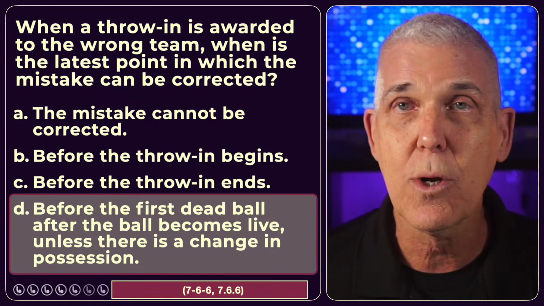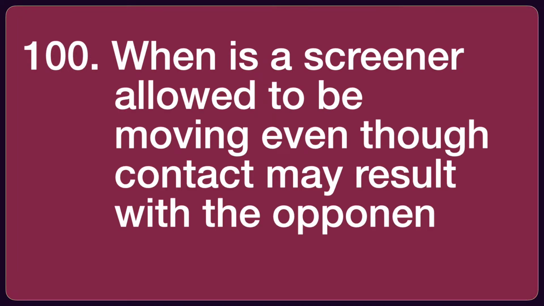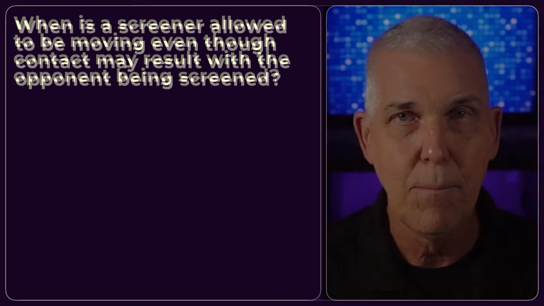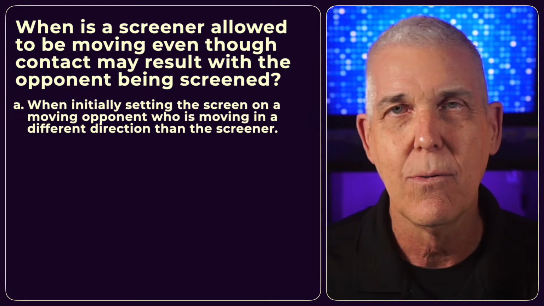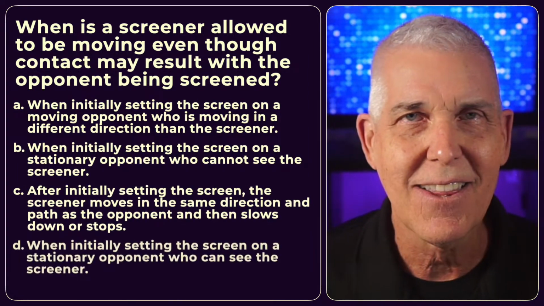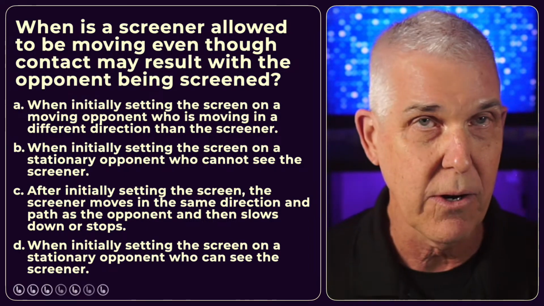All right. How about one more question for this session? Question 100. When is a screener allowed to be moving even though contact may result with the opponent being screened? Well, that's got to be never, right? A screener moving? What? A, when initially setting the screen on a moving opponent who is moving in a different direction than the screener.